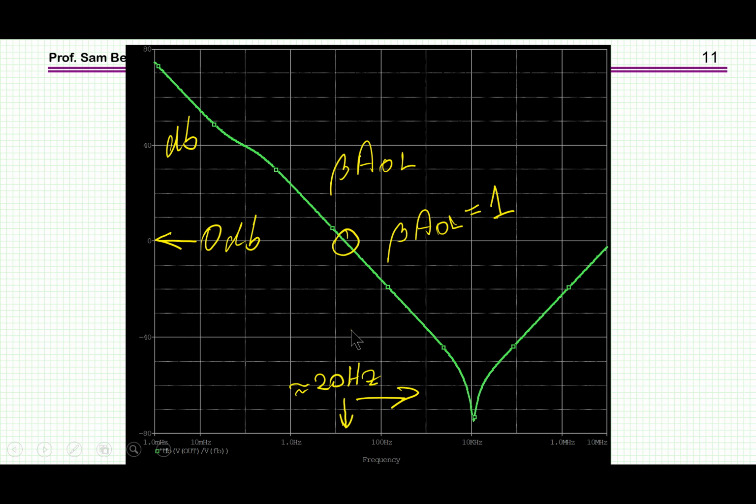And here it is. So what I'm getting here is that beta A indeed is going down, and it is crossing here the 0 dB, beta A equal to 1, at about 20 hertz. So I expect that from here above, maybe a little bit less, beta A becomes smaller than 1, and therefore when I inject the current at the output, I'll see the open loop impedance.